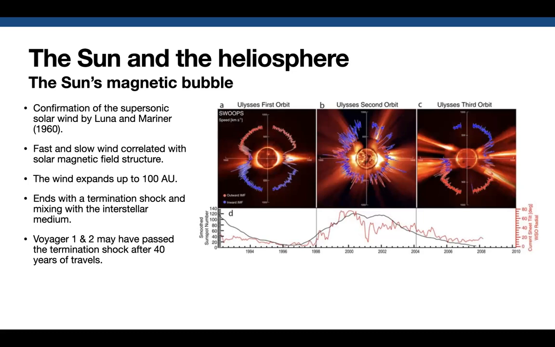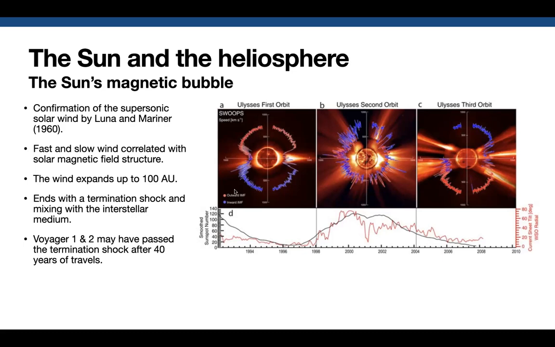You see these pictures from the Ulysses spacecraft. The confirmation that the solar wind was actually supersonic came from two spacecraft, Luna from the east side and Mariner from the west side. And now we know that we have essentially two components, the fast and the slow wind, that are correlated with the magnetic field structure.